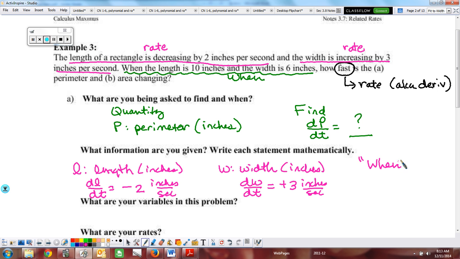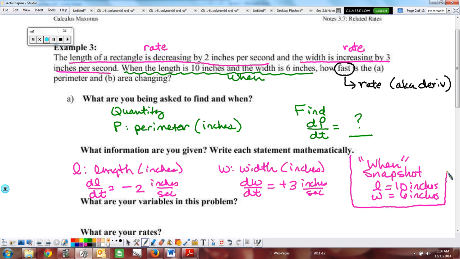I like to call this the snapshot. And I'm going to talk about this in just a second. The when snapshot, when we are interested in finding out how fast, is when the length is 10 inches and the width is 6 inches. Okay, so let's put this in a box. This is going to be very important.